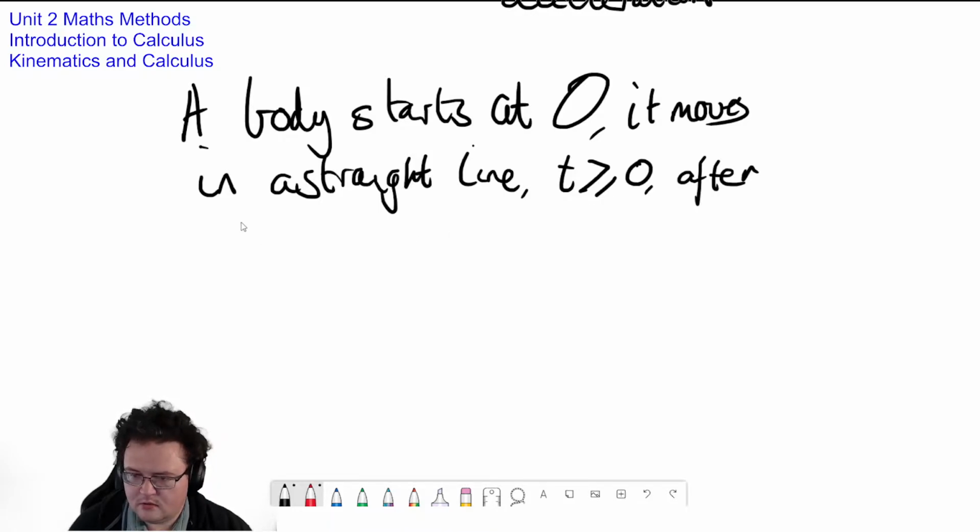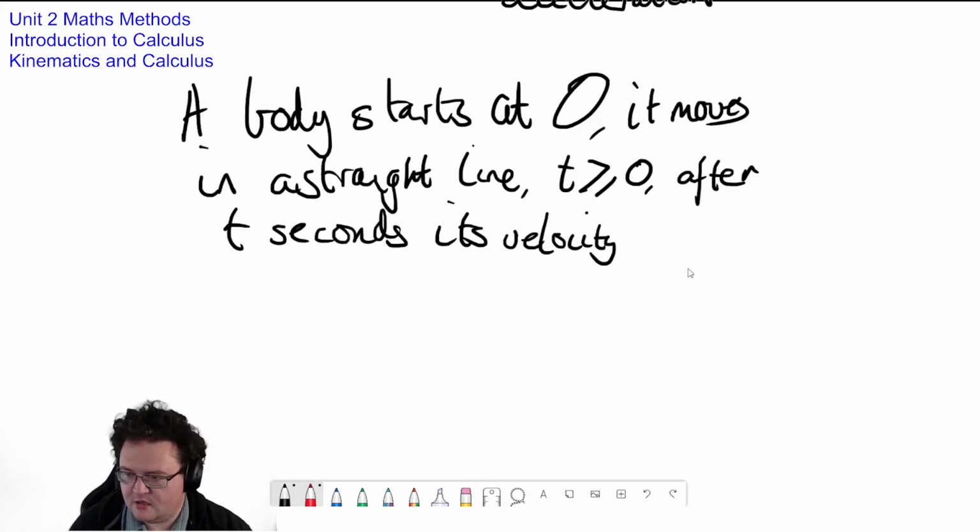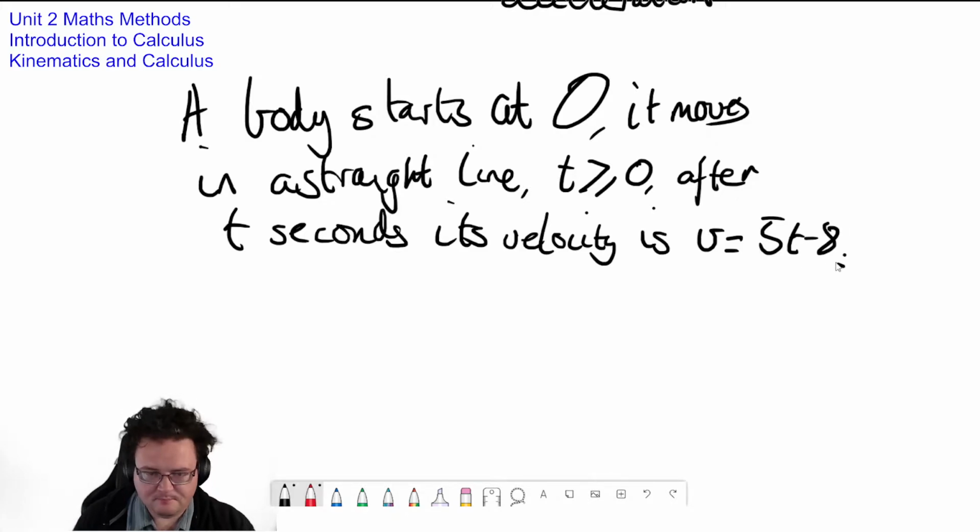After t seconds, its velocity is v equals 5t minus 8.